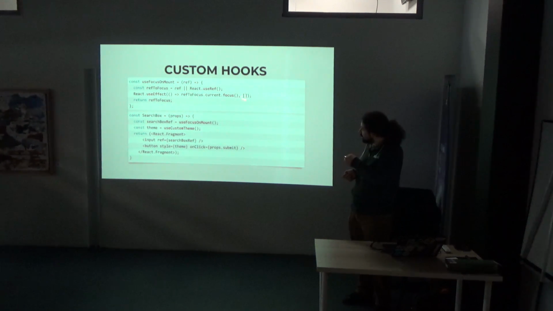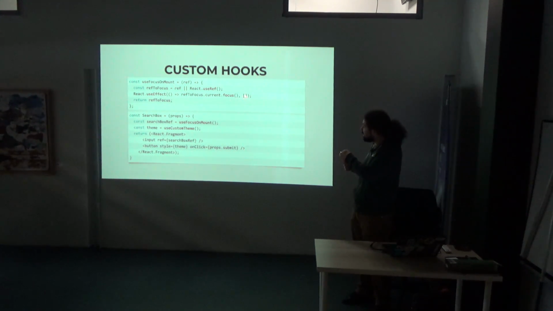And here, passing in an empty array tells React only do that once, right? Because if we pass some value here, React would only call the callback when that value changes. If we don't pass anything, it would call it on every update.